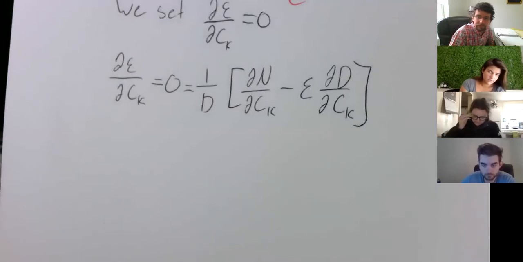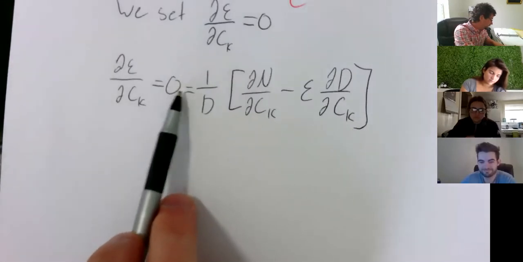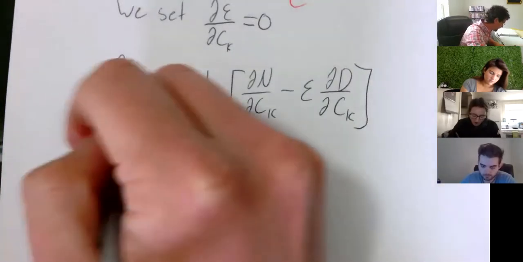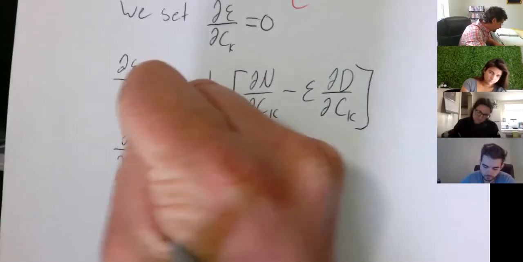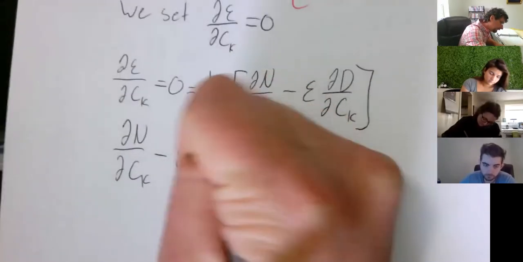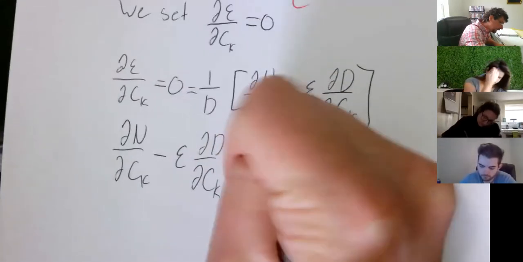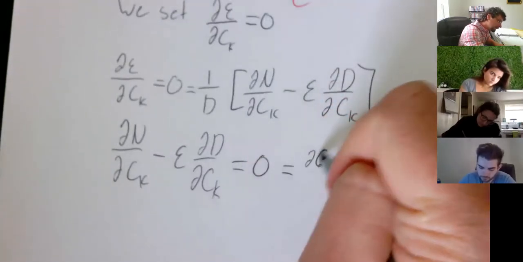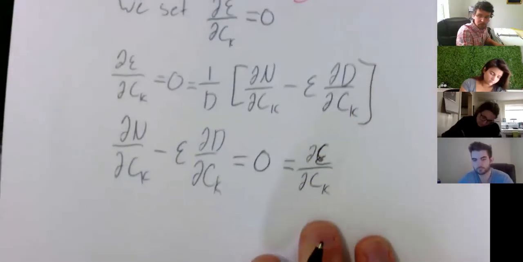Multiply D to the other side. Yeah, multiply D, and then that would be 0 here, so we wouldn't have to worry about it. So we could just move that over. So we have N C minus epsilon D C equal to 0, which is also equal to epsilon divided by the derivative with respect to C sub C.